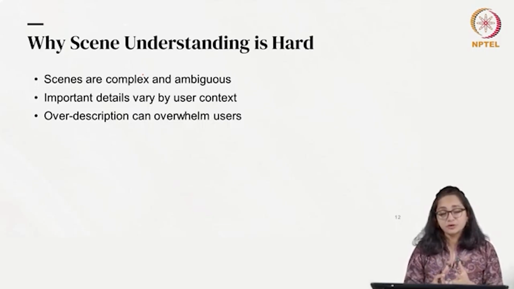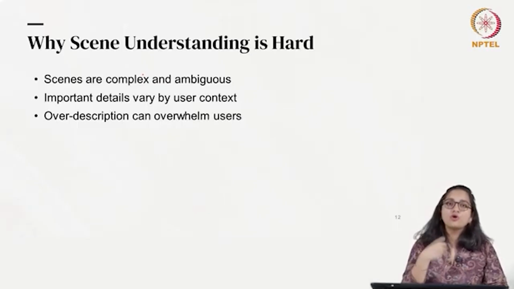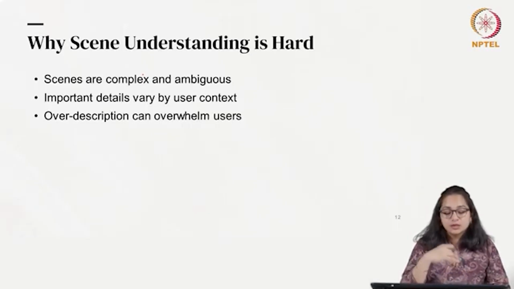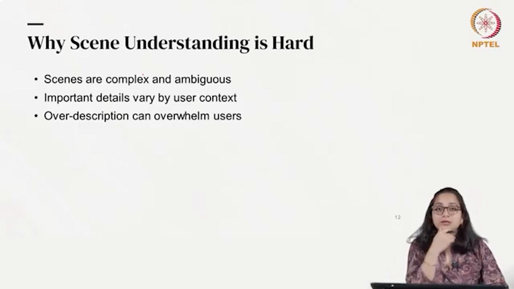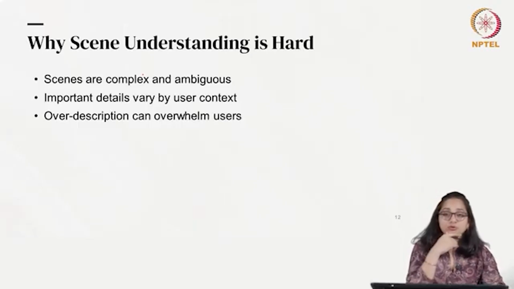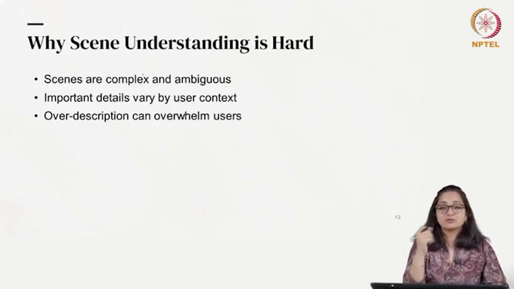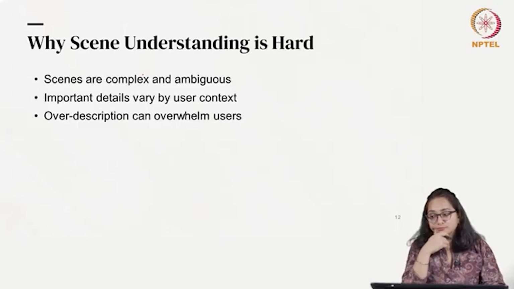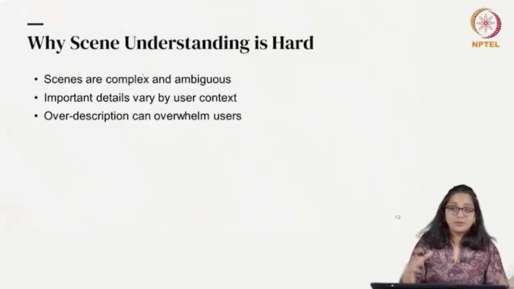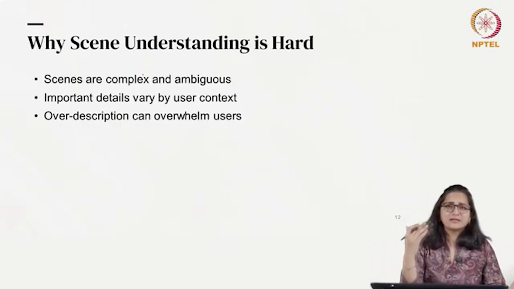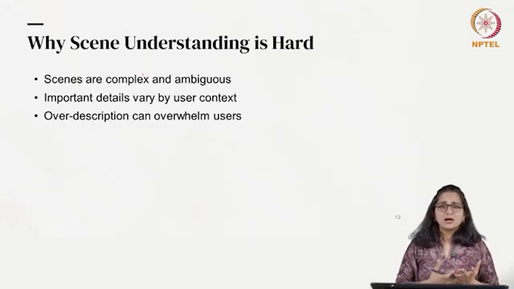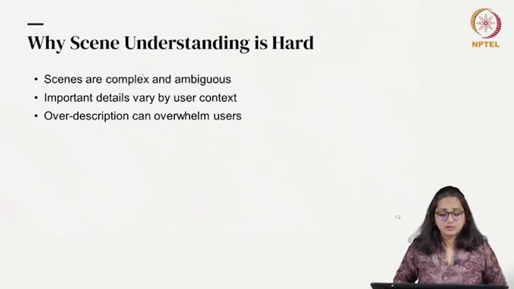There may be very important details which add to your semantic understanding as a human, which may be lost in translation, right? So it may be a danger aspect, or it may be where in the building or where in the campus you are, or something like that, right? So all of the context gets lost in translation, right?